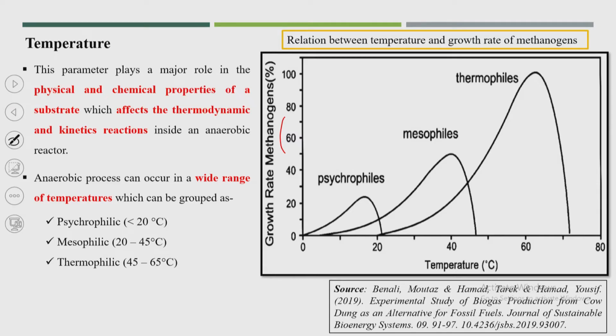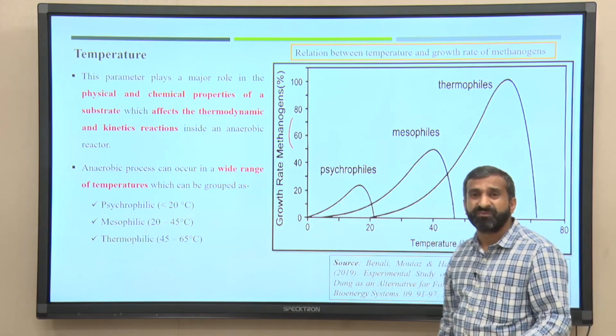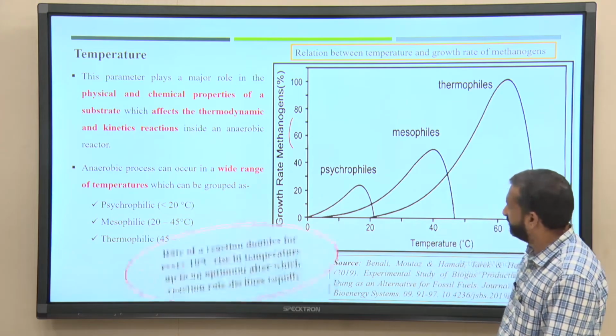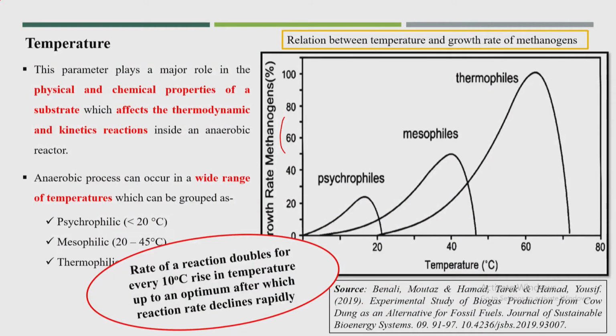In mesophilic, it is okay production of methanogens, but in thermophilic conditions, like temperature more than 45 degrees centigrade, there is a very good chance of production of more methanogens. More methanogens means more methane production in the process. So, the rate of reaction doubles for every 10 degree centigrade rise in temperature up to an optimum, after which the reaction rate declines rapidly.